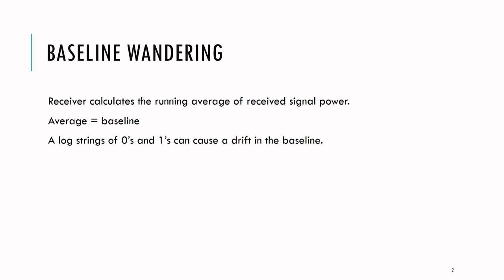To explain it simply, suppose this is my data and I'm going to encode 0 as 0 volt and 1 as positive 5 volt. Then my signal would look something like 0, 1, 0, 1.